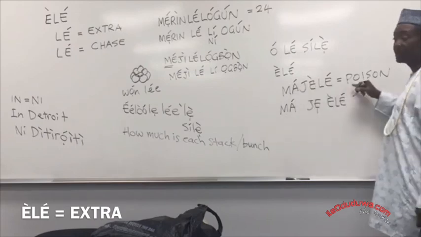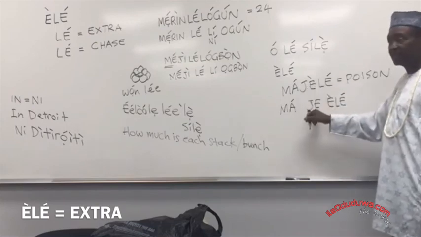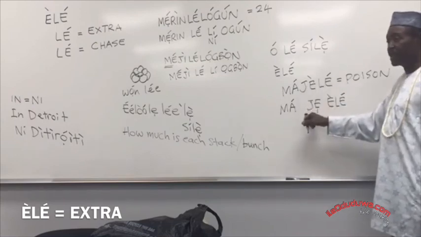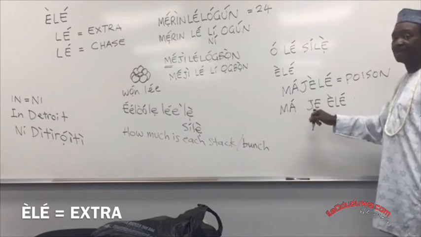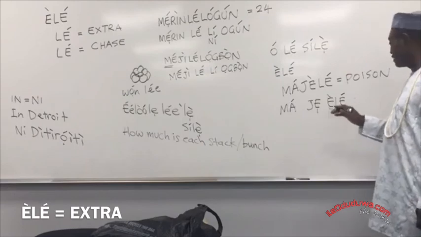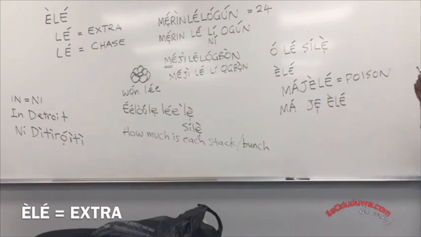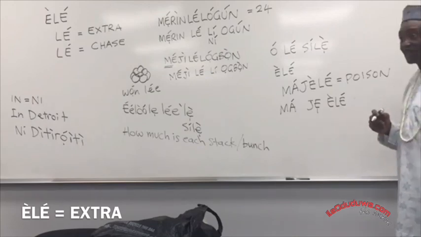Because you're calling it like one word, the A here is silent. So I can't be saying ma-je-le, no. I'll just say majele. And that's the popular way of saying it. Something that you must not eat. That if you didn't eat it, you're not going to eat extra.